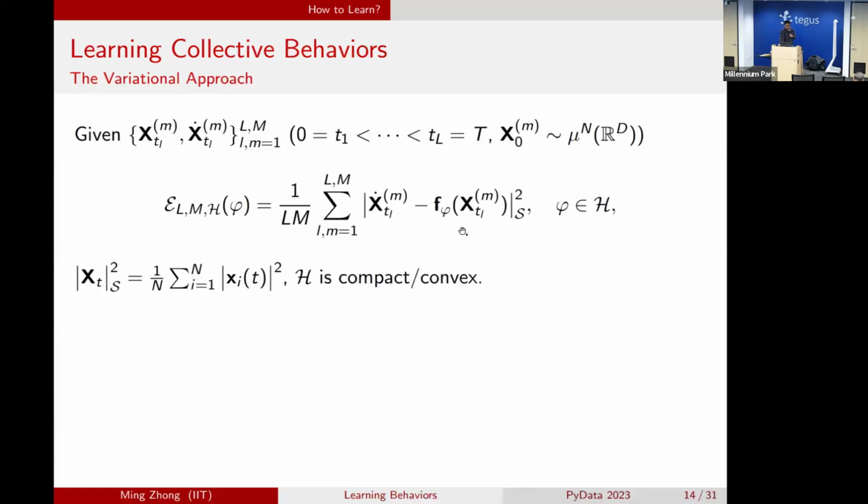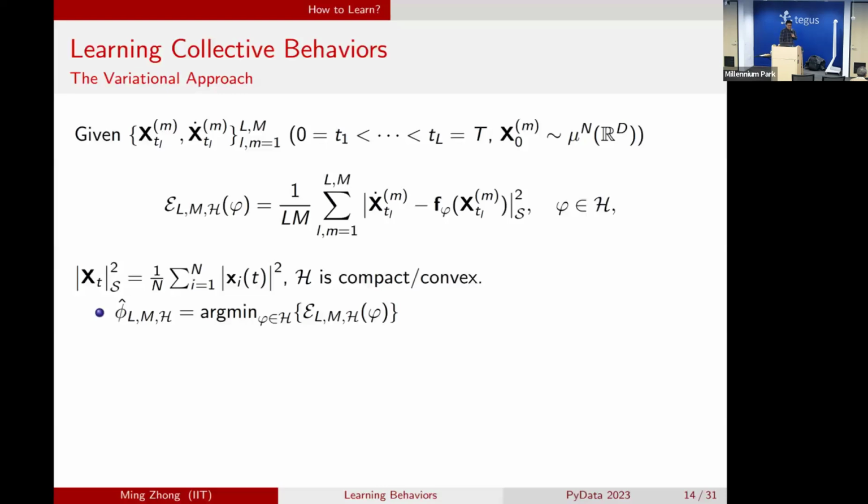So I'm going to design the loss of what I can observe for the derivatives versus what I can predict based on this right-hand side. Remember, this right-hand side is a sum of all of these interaction functions. I want the difference between what I would predict based on this right-hand side and what I can observe at any time and any initial conditions. That's what I want to design my loss function.